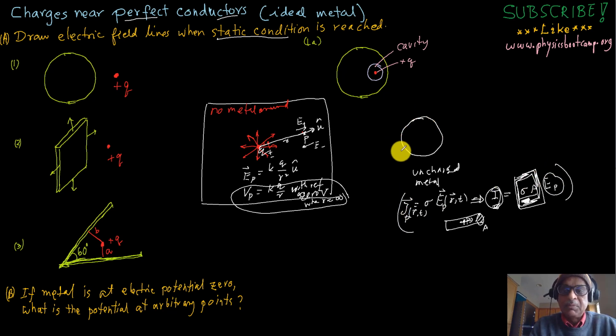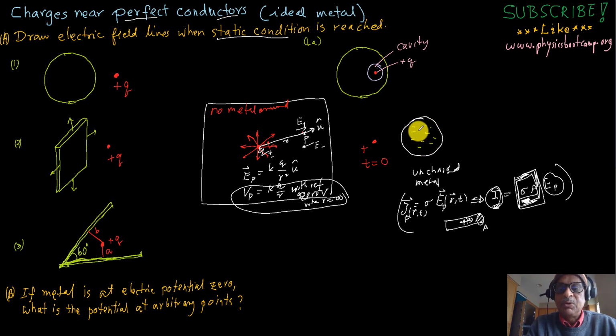So consider now this uncharged metal. There's nowhere any charge, and I bring a charge here. At t equal to 0, this is the situation, and this is a plus charge. The negative charges in the metal are electrons, and the positive charges are fixed.